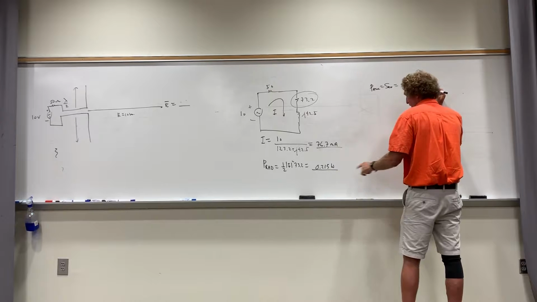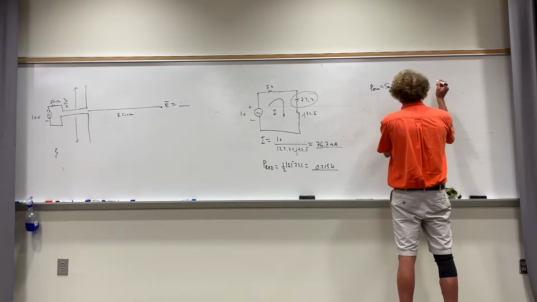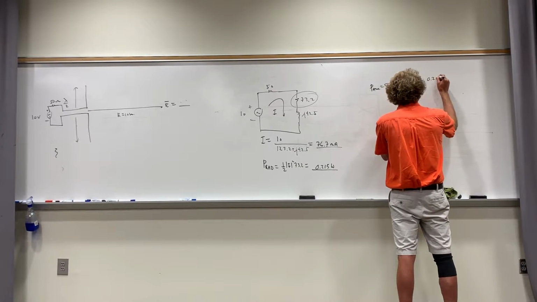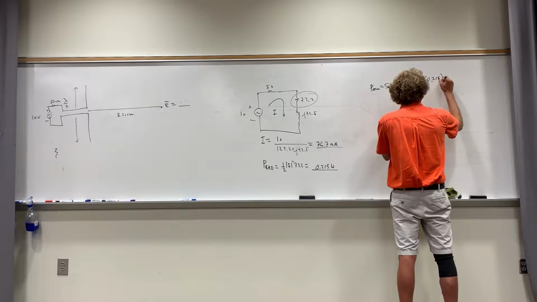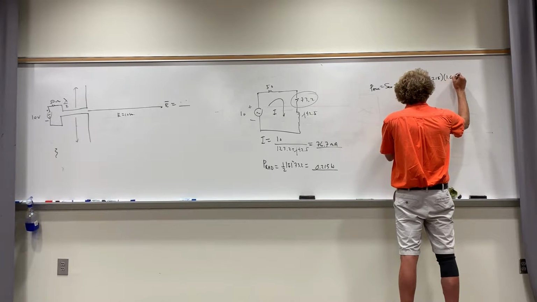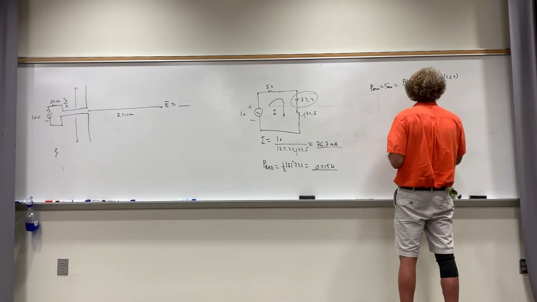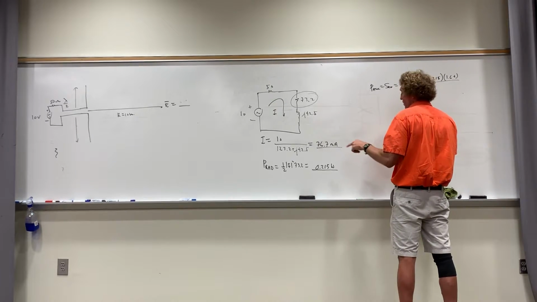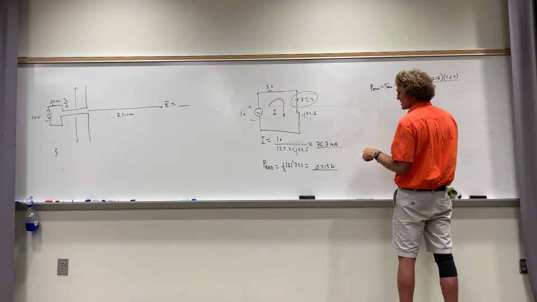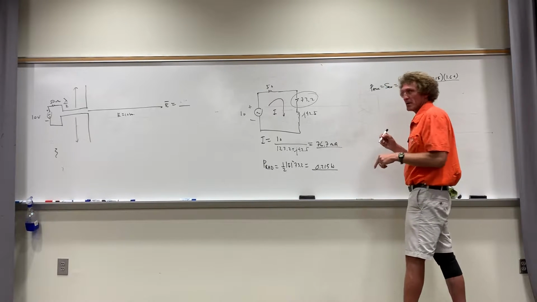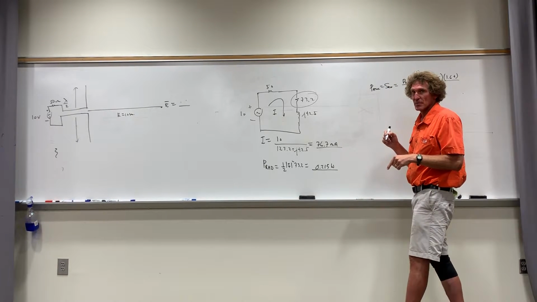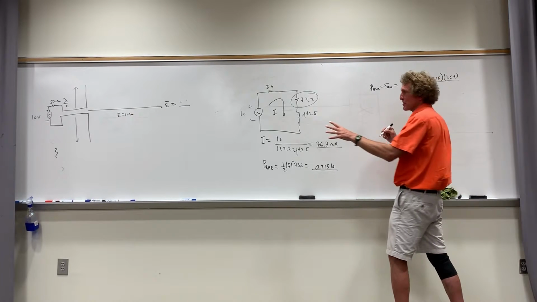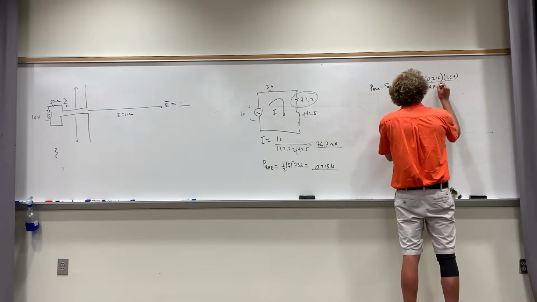The transmitted power is 0.215. The gain is maximum, 1.64, because it's perpendicular at 90 degrees, over 4 pi R squared, and R is 10 kilometers, so it's 10 to the 4 squared.